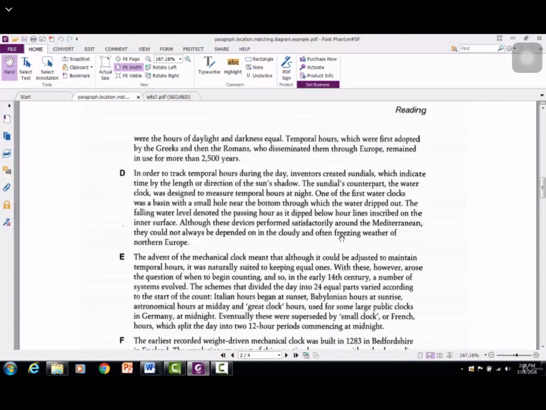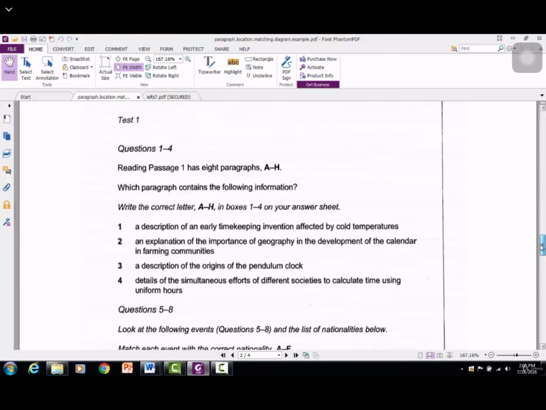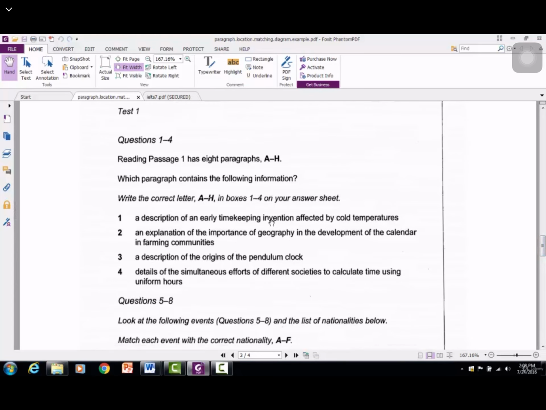Here we go. Freezing weather of Northern Europe. So in this paragraph D, we have an invention of the sundial, and we have a mention of cold weather, freezing weather. So that means number one is paragraph D.